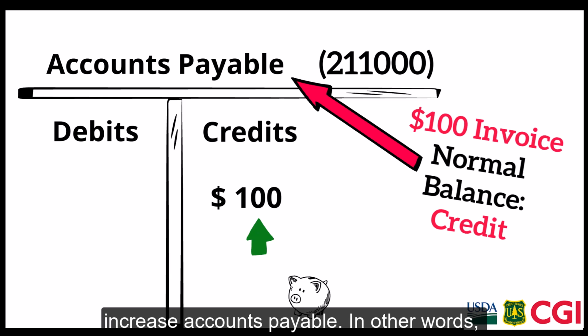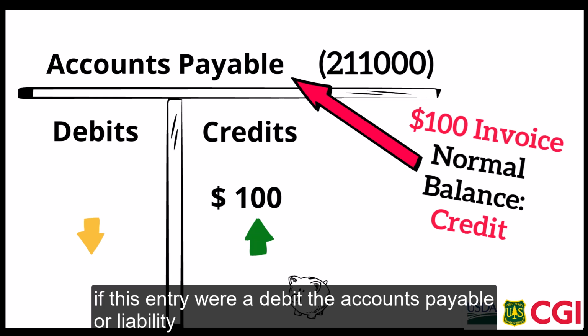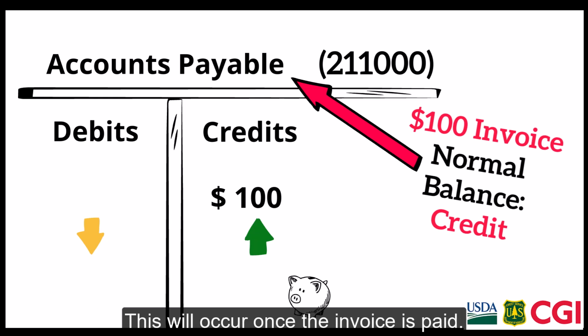In other words, the invoice, which has not been paid yet, increases the liabilities to the agency. Now, if this entry were a debit, the accounts payable or liability would be decreased by $100. This will occur once the invoice is paid.